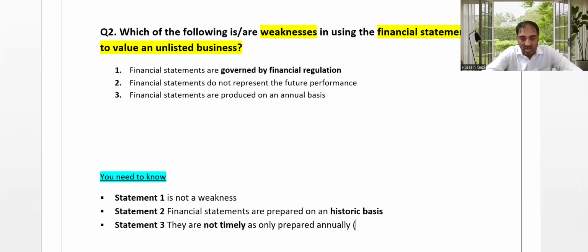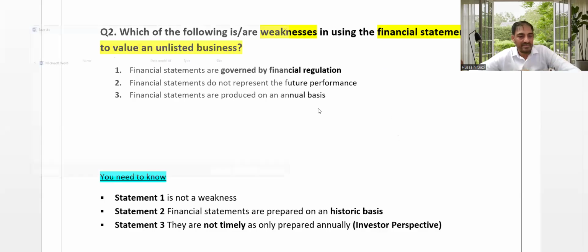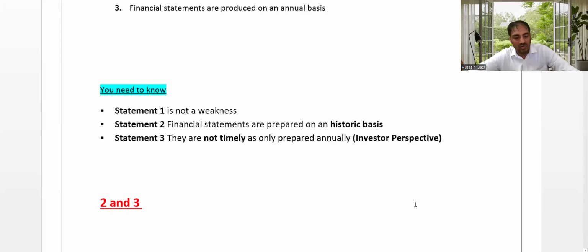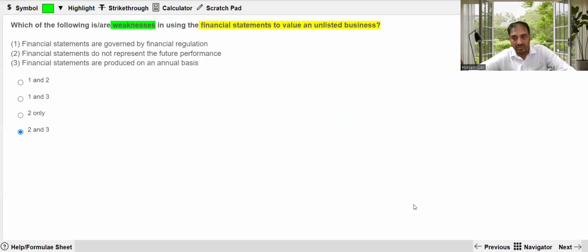Not timely is with respect to the investor perspective. This is with the viewpoint of the investor perspective. That's the point. And that's statements 2 and 3. So now, come on. Next move.